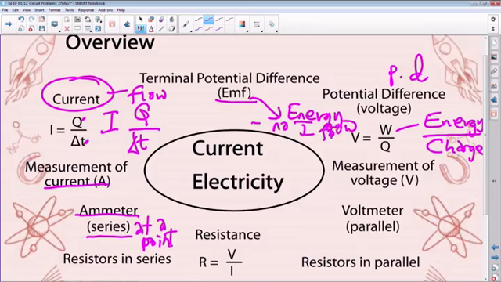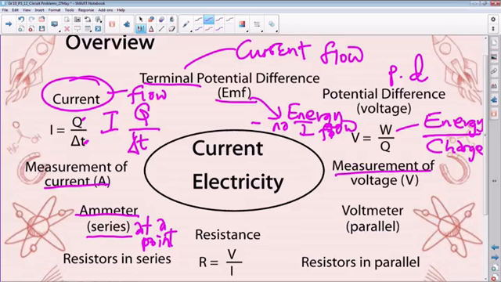But when we connect, or say we close the switch, then we have what is called the terminal potential difference. This is when there is current flowing in the circuit. Now there is energy conversion, and the cell is doing work in the circuit. It could be lighting a bulb, transforming electrical energy to heat and light. We measure this potential difference in terms of energy transfer between 2 points.